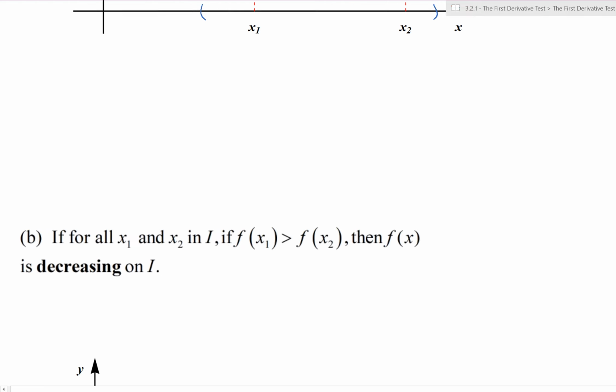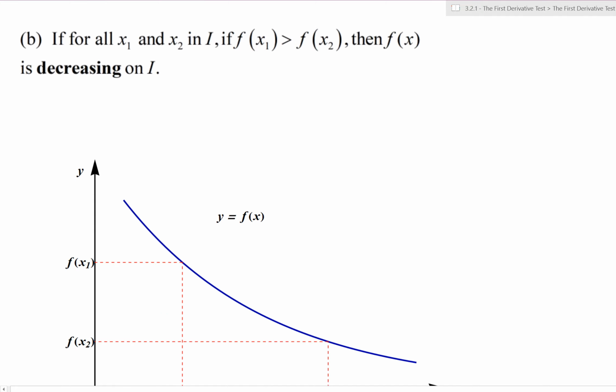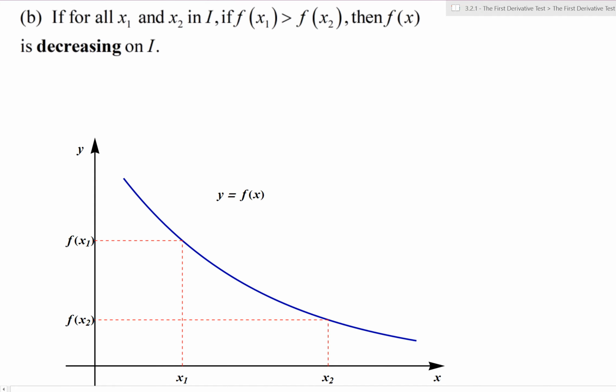Likewise, as a reminder, if for all x1 and x2 in our interval I, we have that the value of the function at x1 is bigger than the value of the function at x2, then this is how we describe a decreasing function over an open interval. And here is a picture to depict such a situation. Pick some x1 value, the value of the function there, f of x1.